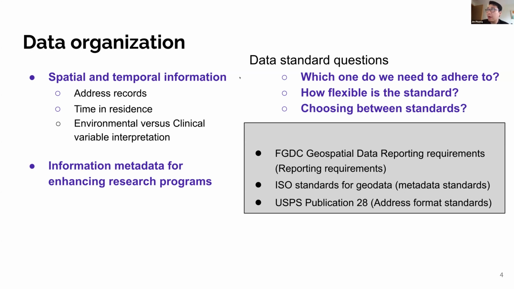So which one do we need to adhere to? I have these three examples to start the discussion. We've got the FGDC geospatial data reporting, which is more of a thing for government institutions to report back to Congress.